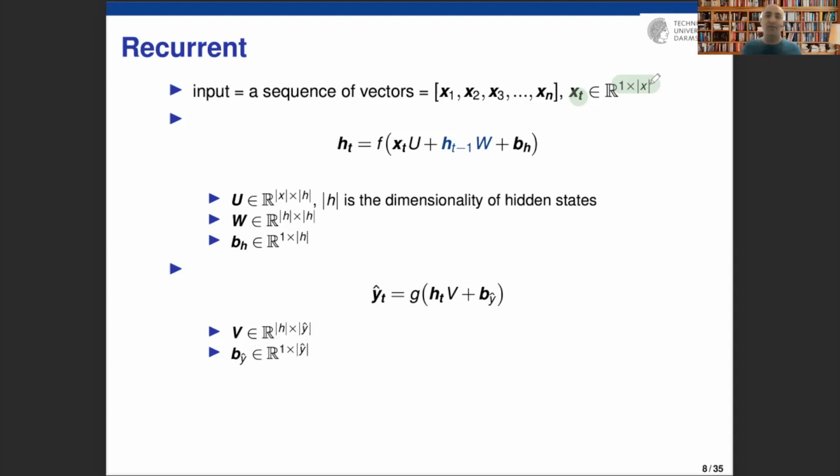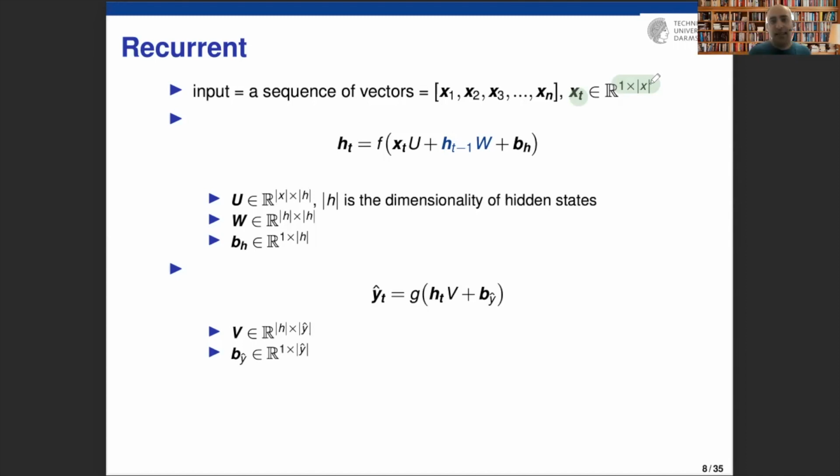So for example, if x1 is a, x2 is Persian and x3 is cat, then bold x1 represents the word embedding of a, x2 represents the word embedding of Persian, and x3 represents the word embedding of cat, right? So they can have a dimensionality of something like 300.